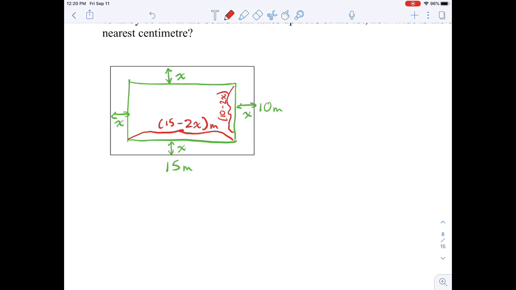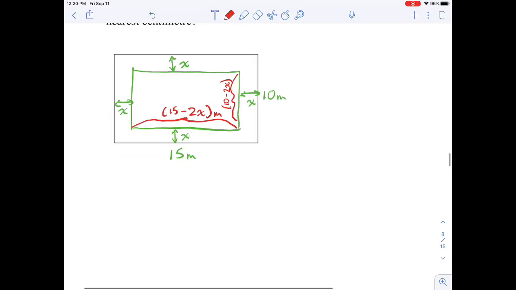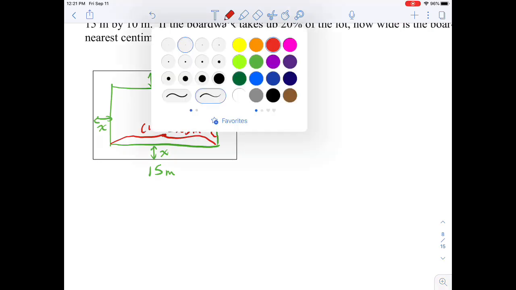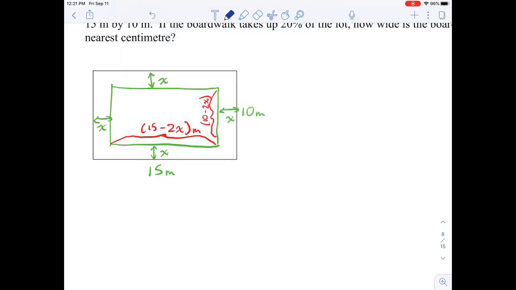So now we have this inner shape, the part of the park that does not contain the boardwalk around it, so the inner portion, and now we have a length and a width for that inner portion, that inner lot. So let's define our variable.